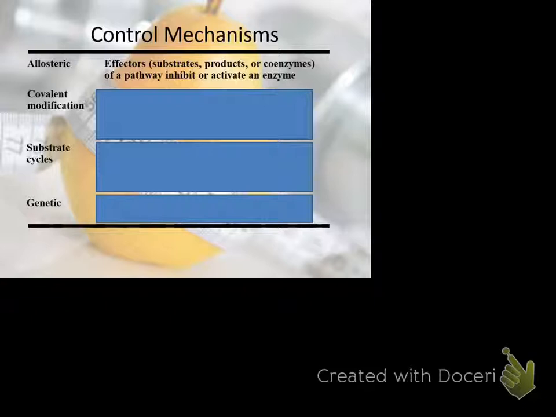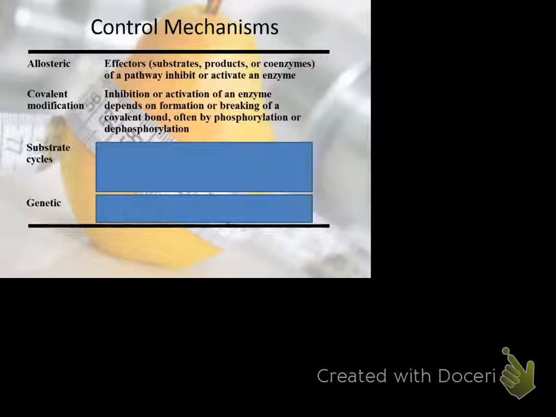There's a covalent bond that's affecting the output of the metabolic pathway. So this is going to depend on making or breaking a covalent bond. And like I said, the one that we're going to encounter the most is phosphorylation versus dephosphorylation. And it can be either inhibiting or activating.